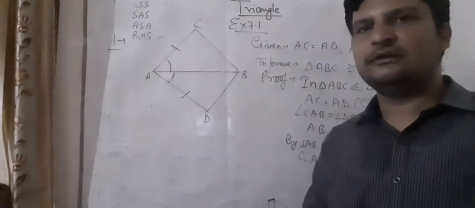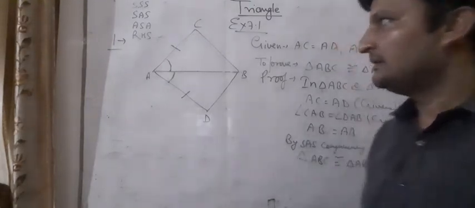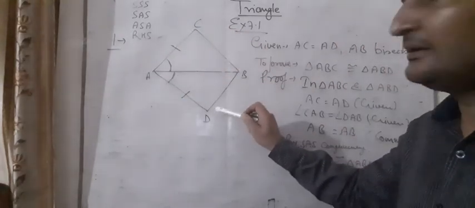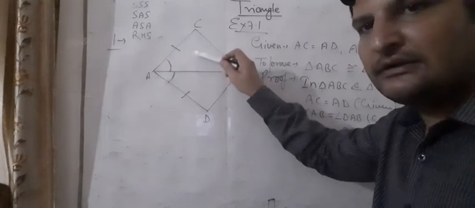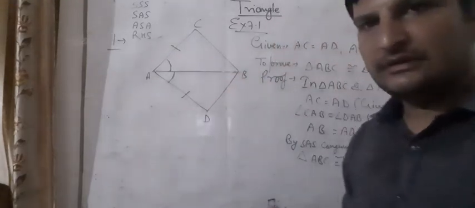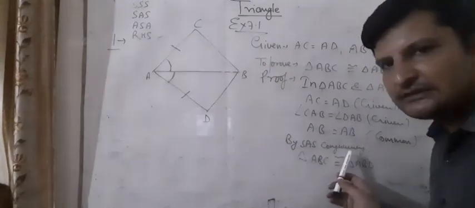I have told you earlier that congruent figures means the same shape and same size. So the question is asking what can you say about BC and BD? When we have proved that these two triangles are congruent to each other, it means BC is equal to BD or not? Yes, BC is equal to BD, because we have proved it by using SAS congruency.